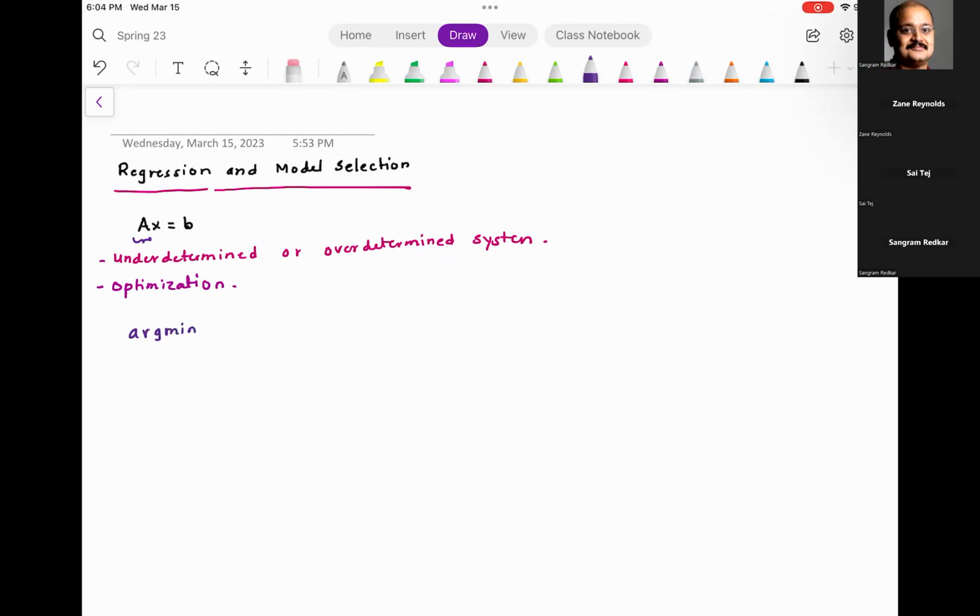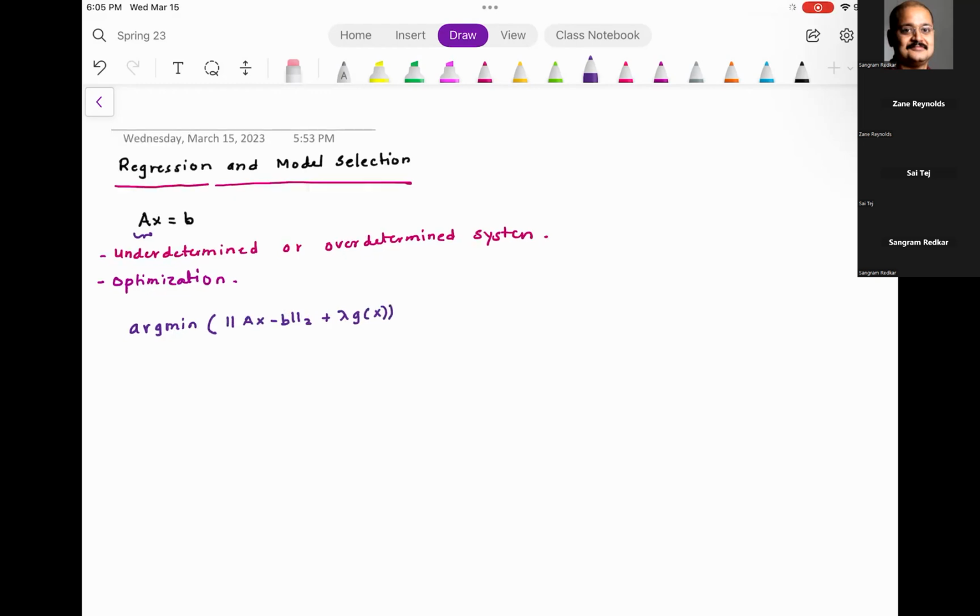We are trying to perform a minimization, wherein we minimize the absolute value of the difference between Ax minus b plus some value lambda times g of x. Please understand, this is called penalization.